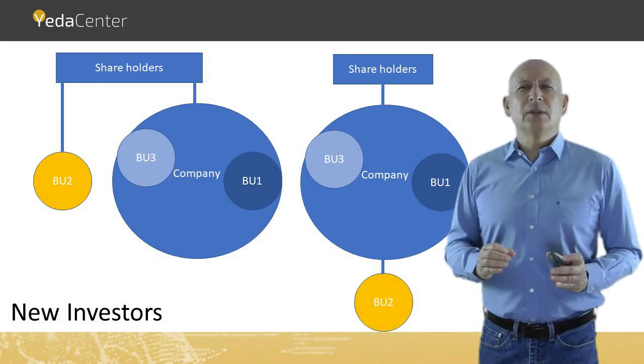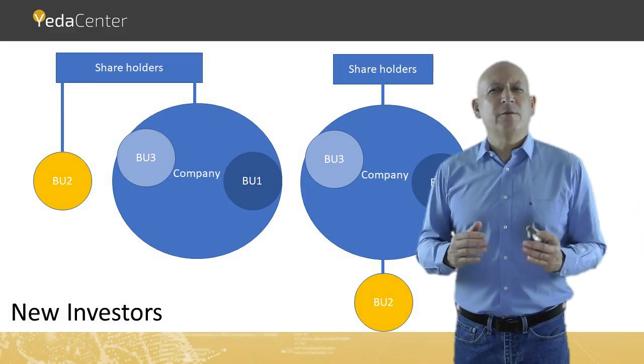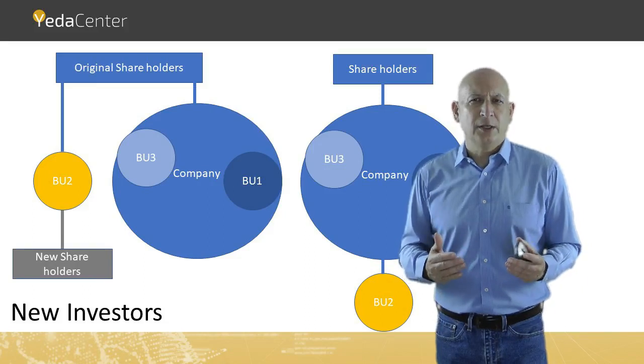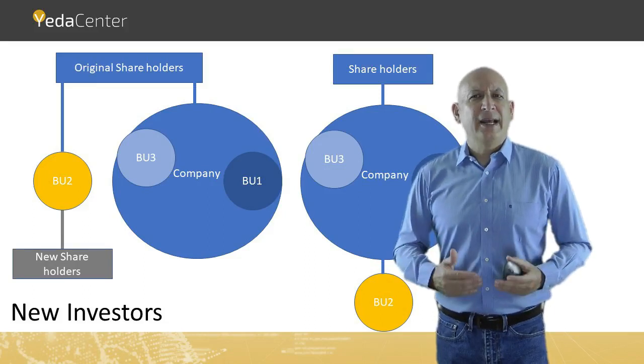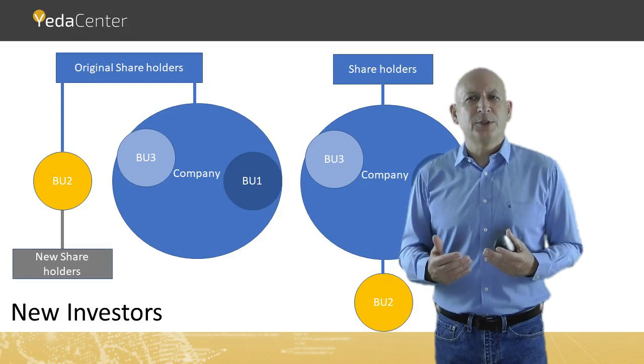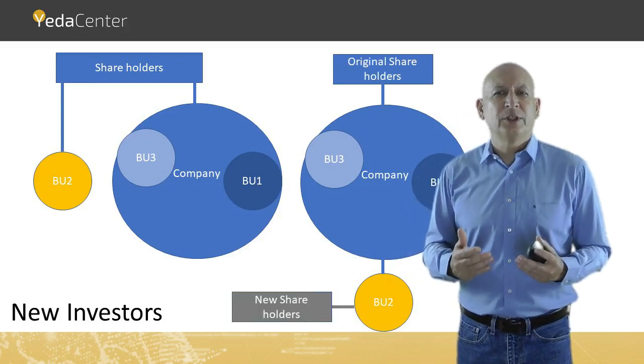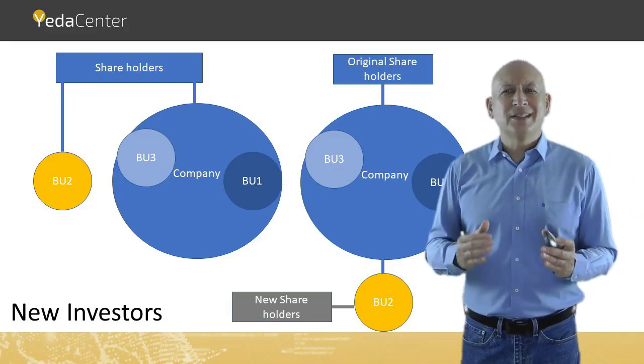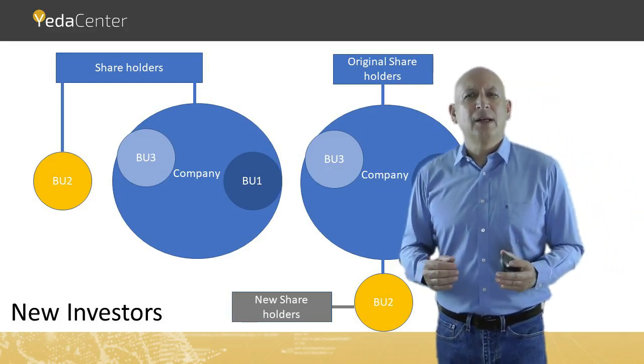From this moment, the spun-off entity can invite existing shareholders or new investors to invest additional funds in the new company, and in this manner, the ownership structure will change over time. Of course, it is not mandatory, but in most cases, this is what happens.